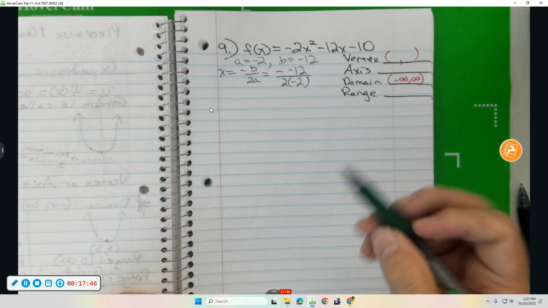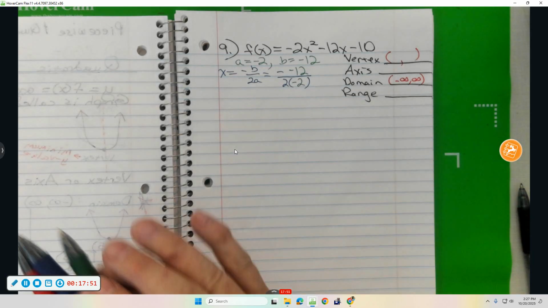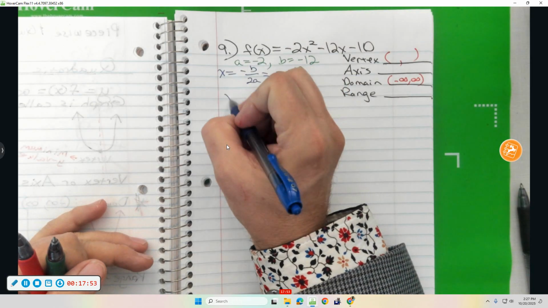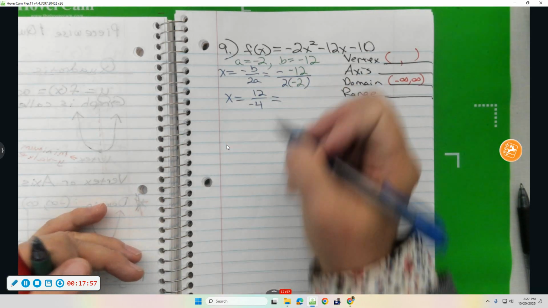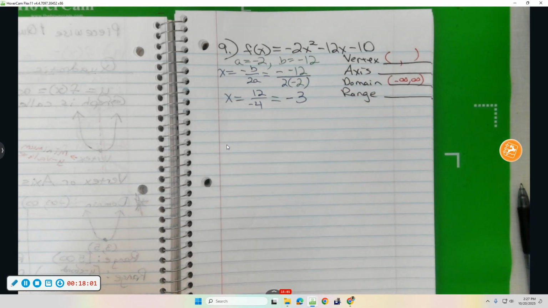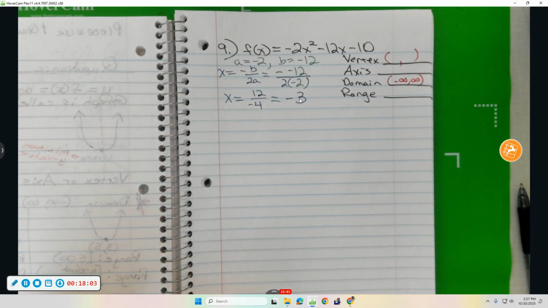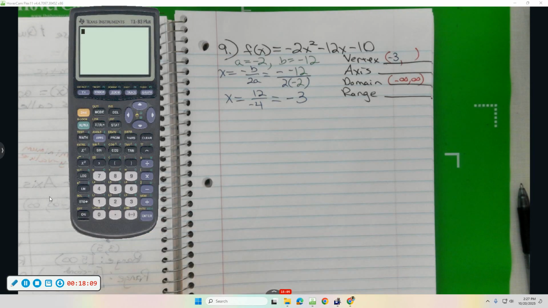So that's a positive 12 divided by negative 4. What's that giving us? Positive 12 divided by negative 4 gives us an x value of negative 3. So the x-coordinate of the vertex is negative 3.